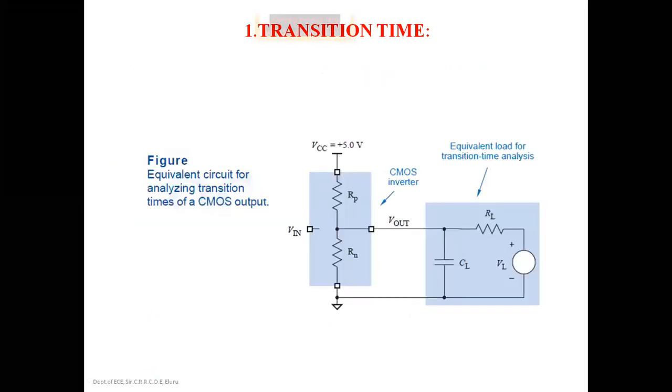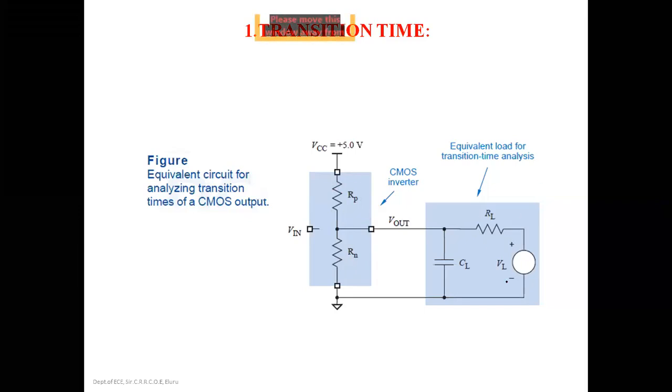Now let's see the equivalent circuit for analyzing the transition time of a CMOS output. The first part of the circuit is the equivalent circuit of the CMOS inverter. In this, the P transistor is the pull-up network and the N transistor is the pull-down network, and these transistors are represented with the resistances RP and RN respectively.